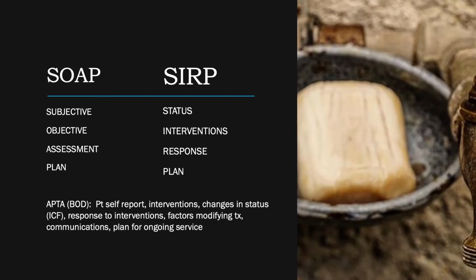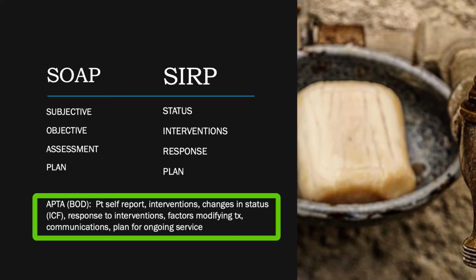As with the initial evaluation, the APTA Board of Directors document also gives us guidance on what should be included in a routine visit note. So where do you think each of these categories would fit in the SOAP format? Or in the SERP format. We've got the self-report, we've got interventions with specific parameters that should be included in that documentation.